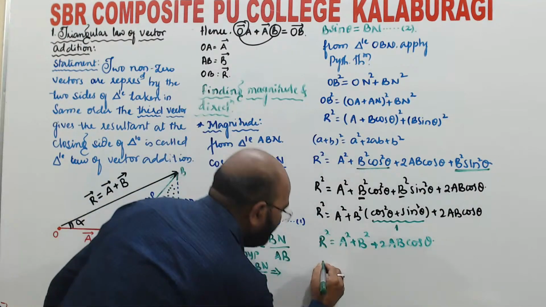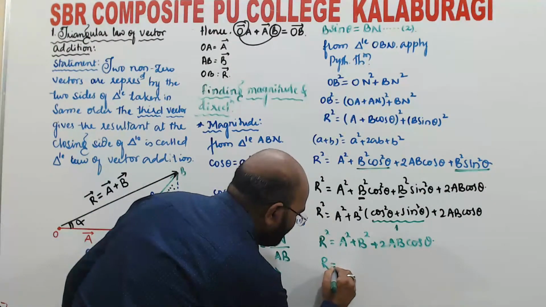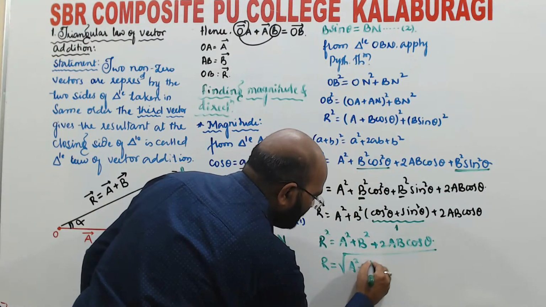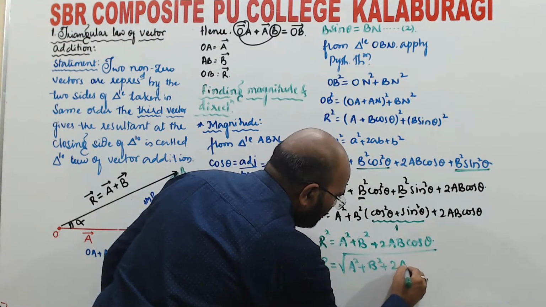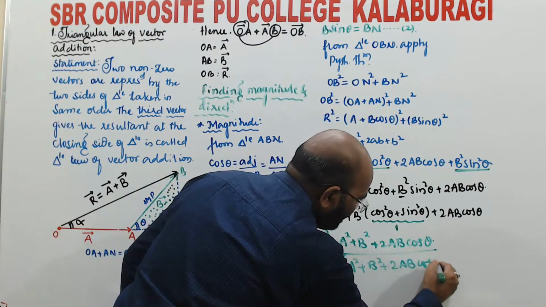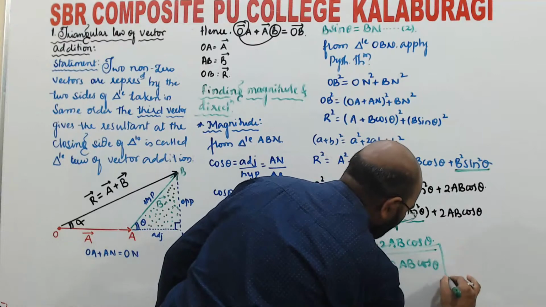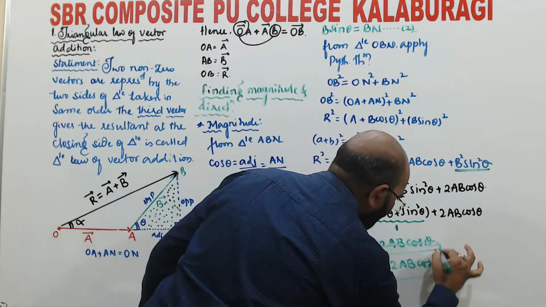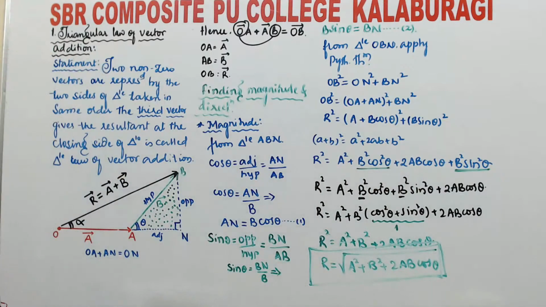Therefore, R is equal to the square root of a square plus b square plus 2ab cos theta. This is what we call the resultant associated with the given two vectors, the magnitude of the two vectors.